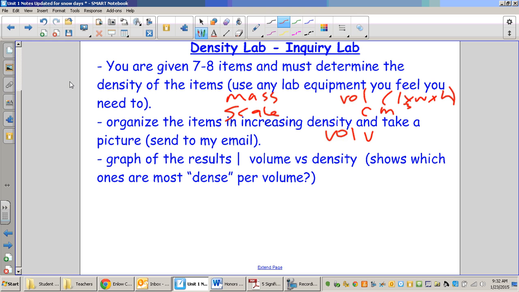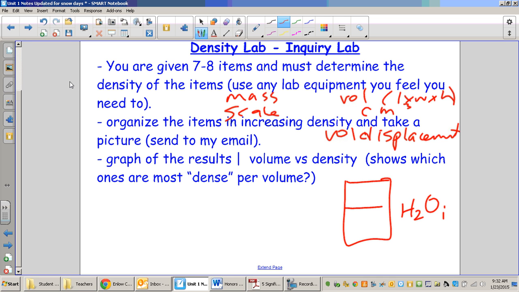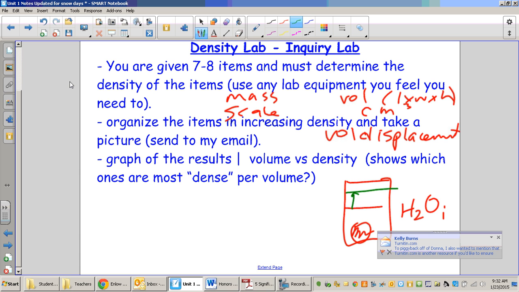So volume displacement is where you put in a graduated cylinder a specific amount of water, so we'll put water initial, and then when you drop an item in there, an irregularly shaped item that you wouldn't be able to use a ruler with, for example, like maybe a sphere here, and the water rises up to a new level, that's your water final. That difference there is your volume of your item, because it displaces that much water.